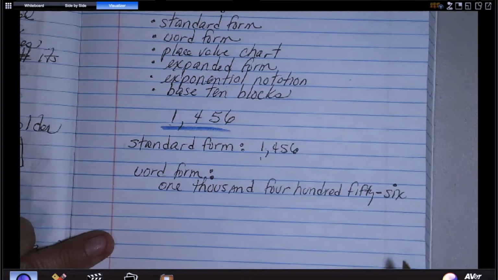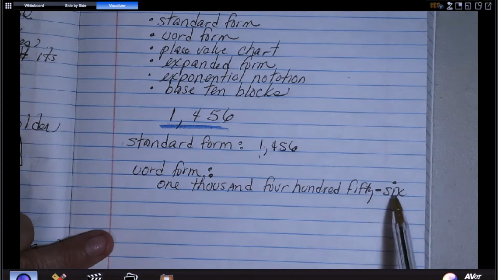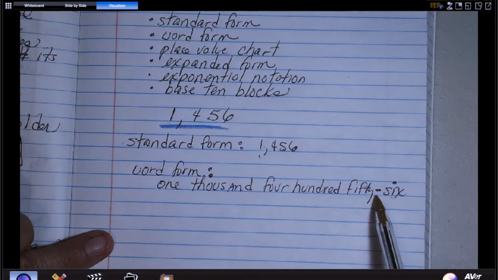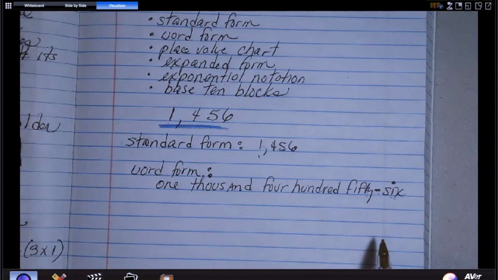Remember, when you're spelling these numbers out, a double-digit number from 21 all the way to 99, you have to hyphenate. Any two digits, you have to put a hyphen. And yes, we have to put a hyphen or points will be deducted.